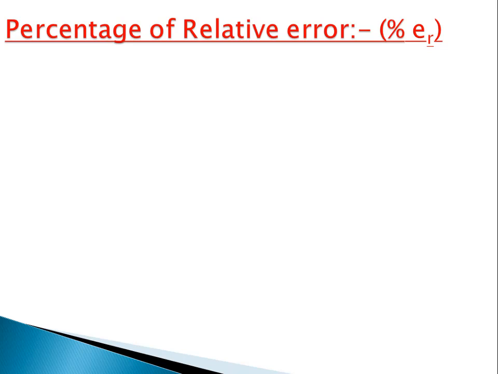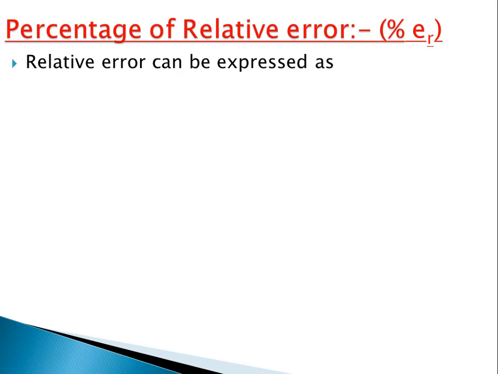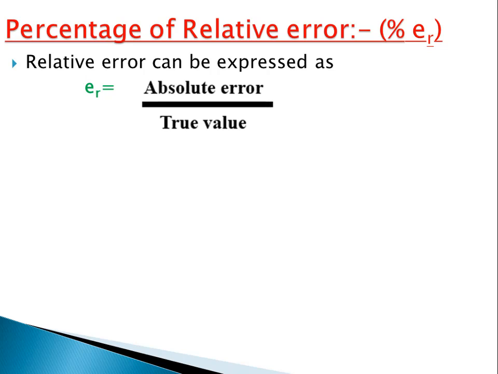Here small er indicates the relative error and the unit is percent. The relative error can be expressed as er = absolute error divided by true value. This is the equation for relative error.